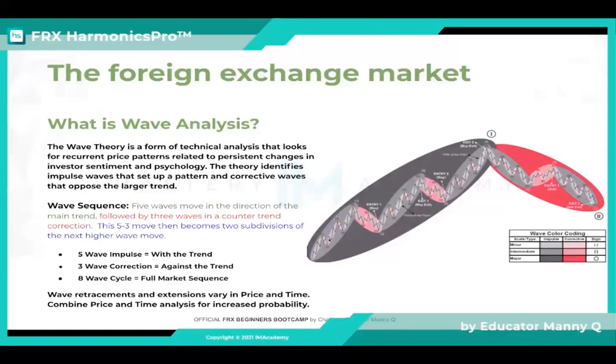So you have 3 with the trend, 3 against the trend, followed by a larger 1, 2, 3. And once this one cycle is complete, it becomes part of this bigger cycle. When this bigger cycle is complete, it becomes part of this bigger cycle.